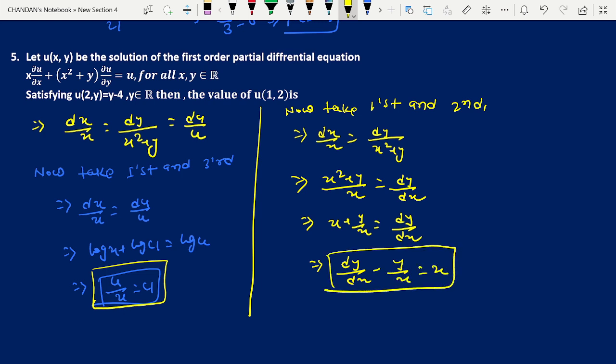So it is also very simple, because this equation is a linear equation, then we solve it very easily.